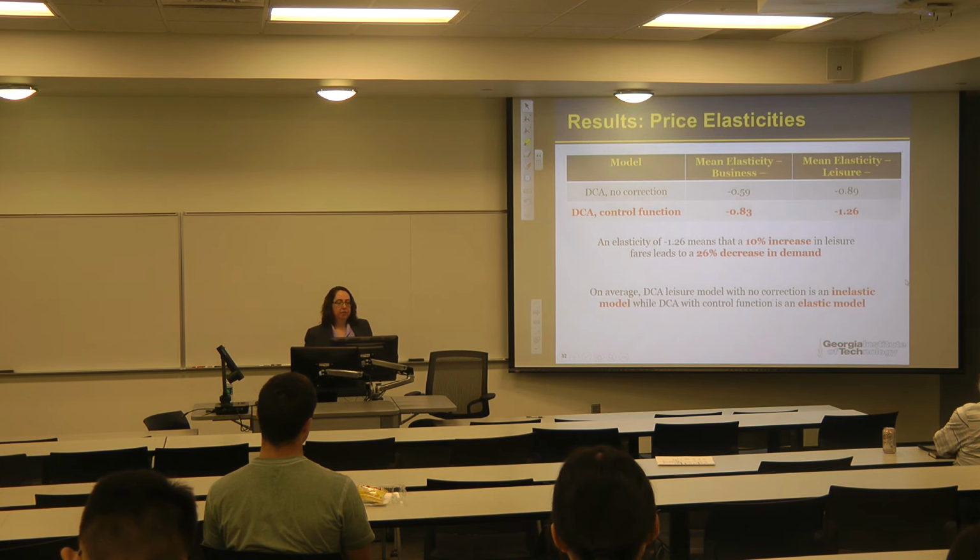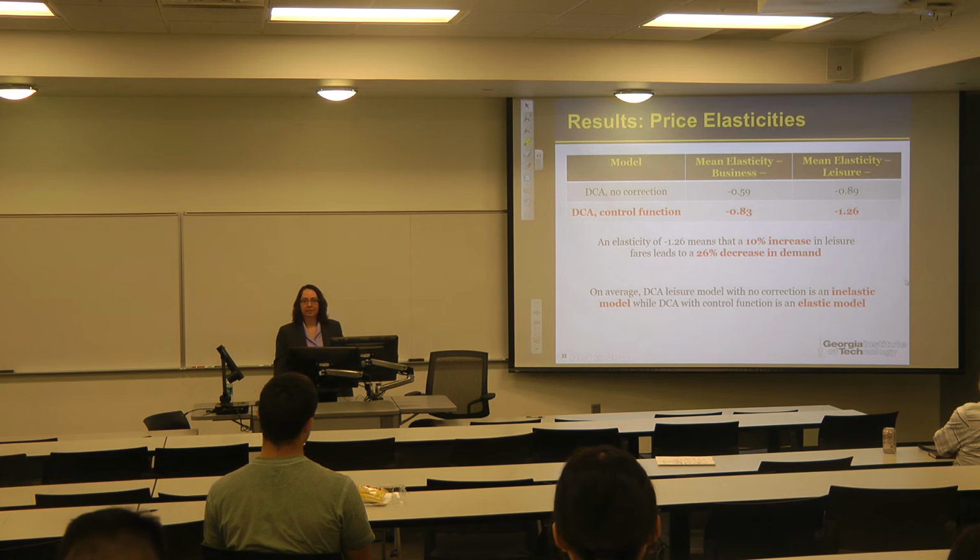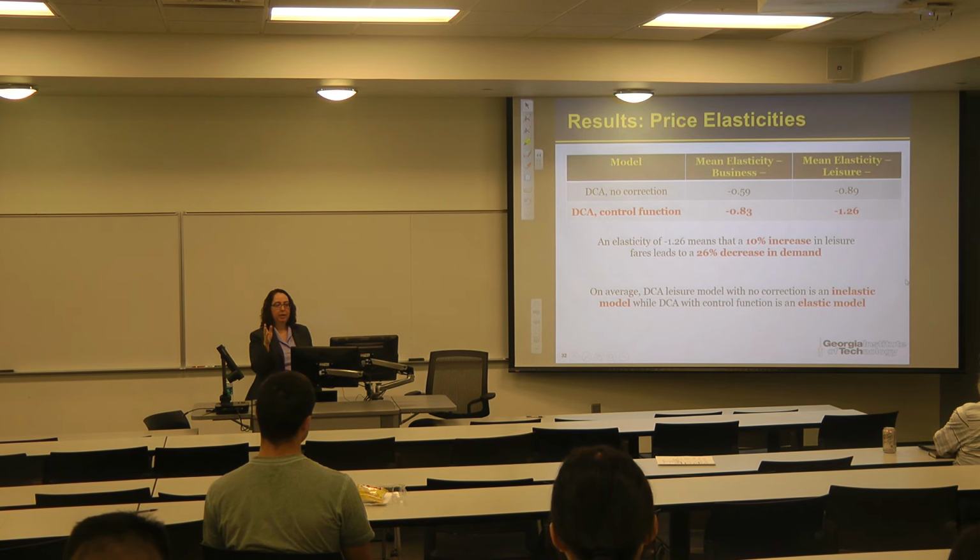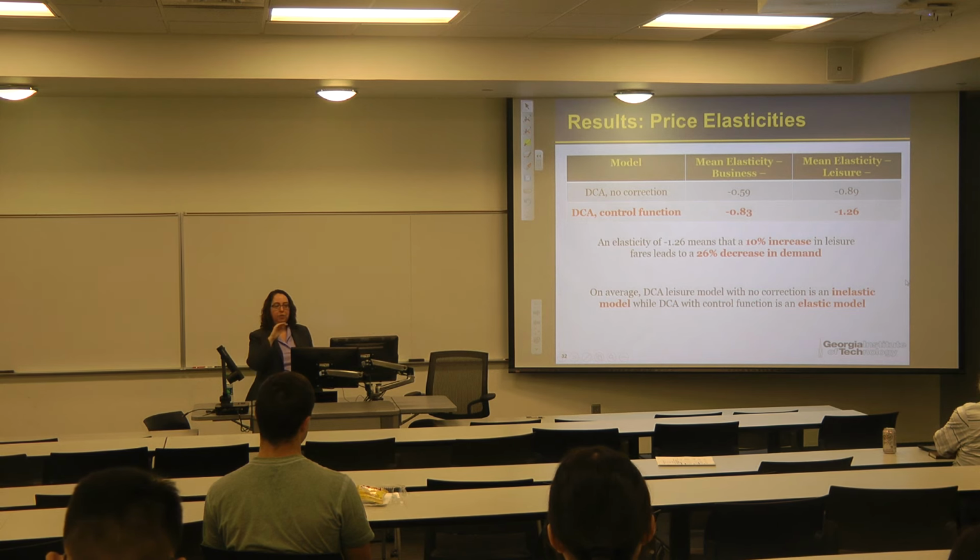I can also look at this in terms of price elasticities. Wow, leisure side. Look at what's going on there. What does it mean if I have a negative 0.89 versus a negative 1.26? Reviewing our elasticities, a measure below 1, negative 1, so let's say the measure of 0.89, the recommendation is raise price.